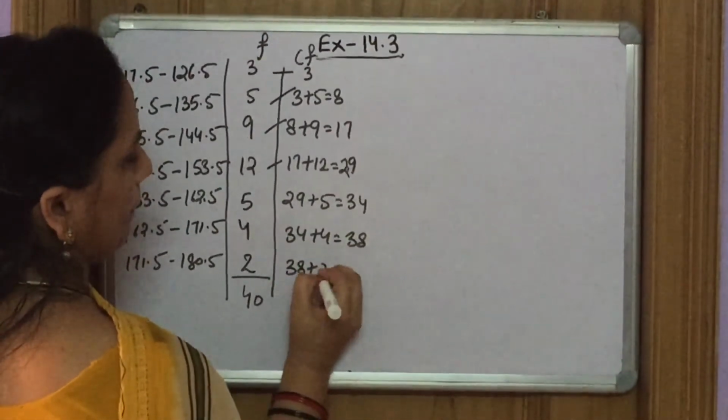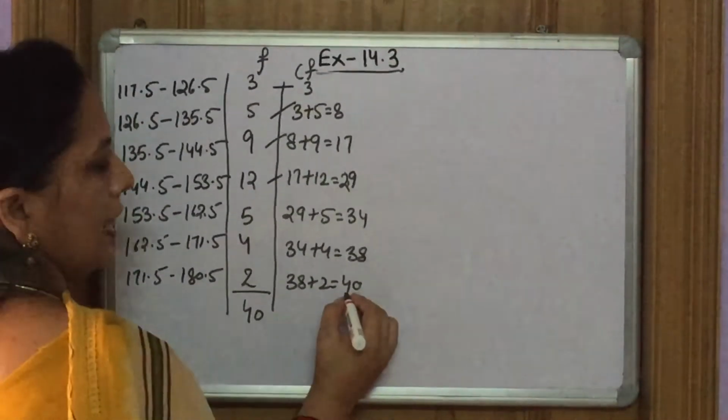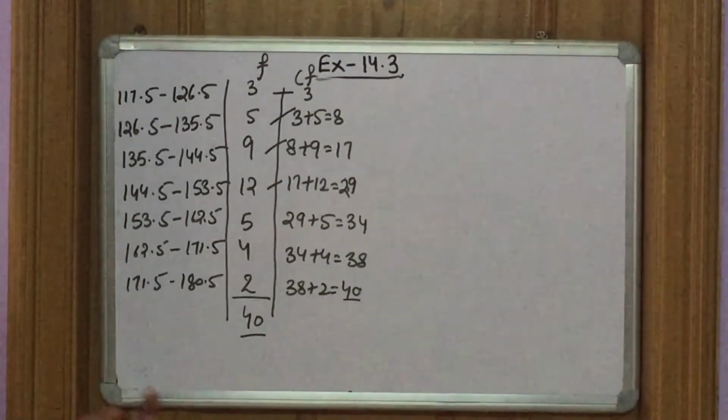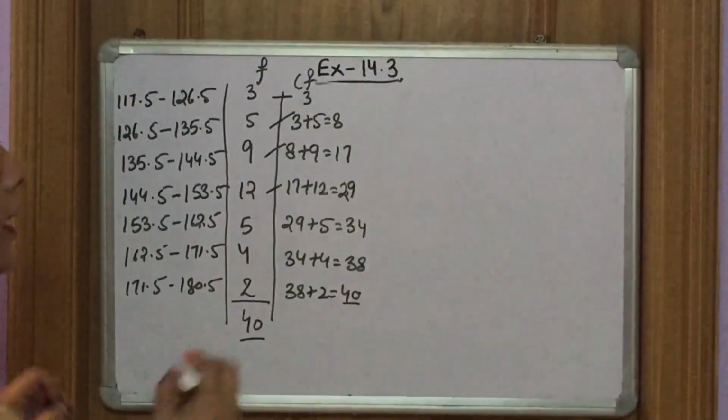And 38 plus 2, that is 40. Here the last number is 40 and the sum of the frequencies is also 40. So we can say that the cumulative frequency is absolutely correct.